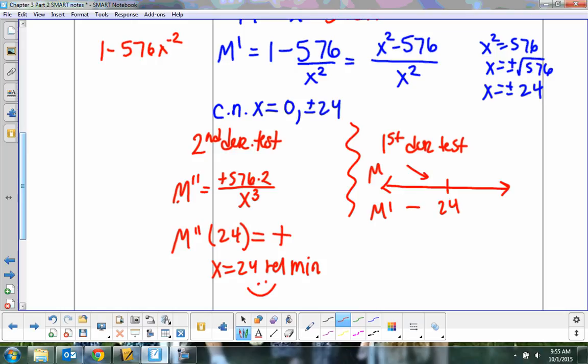If I plugged in 25 or something, I'm going to get out a positive, so that's going to be increasing. So that is a relative min. So either one of these tests would be fine, but you have to check that it is a relative min. Now can you finish the problem? Okay, finish it.